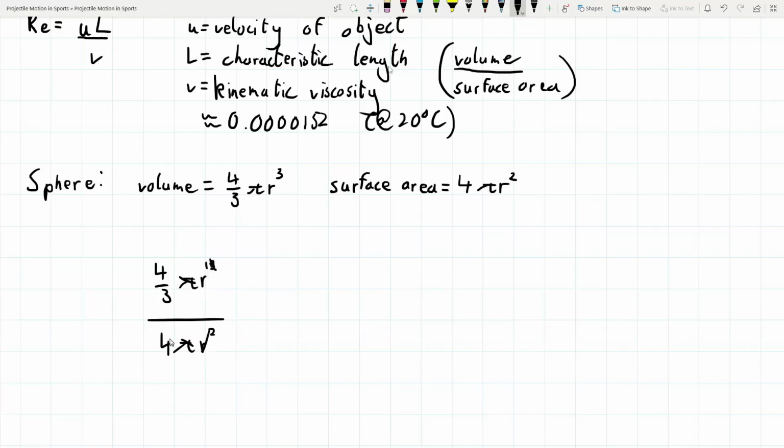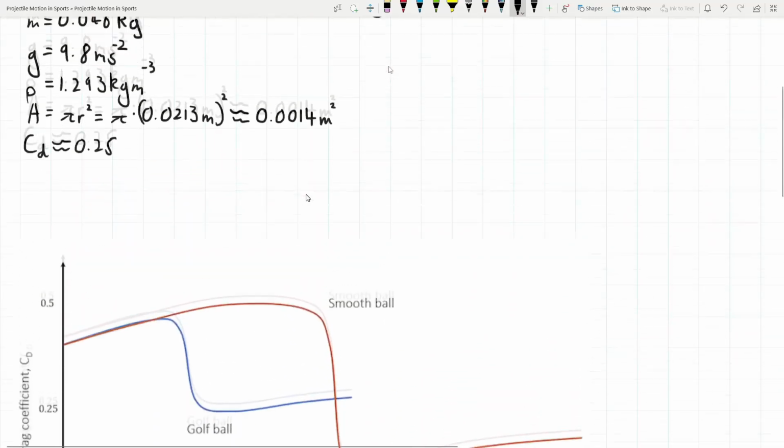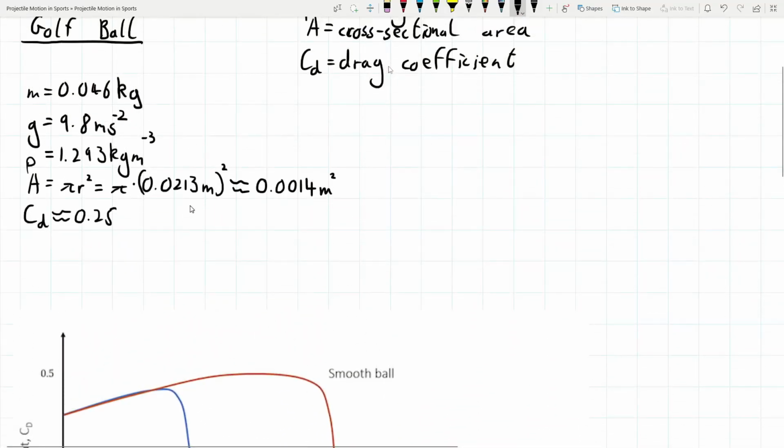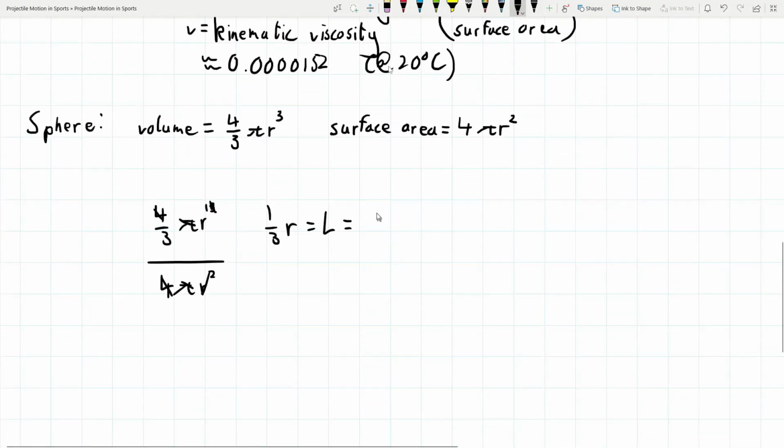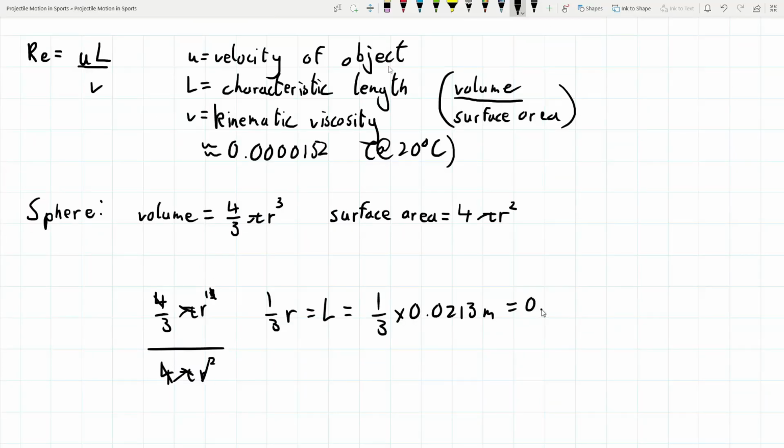And then we can also cancel the 4's, giving us a third of r is the same as L. The radius of a golf ball, we said earlier, is about 0.0213 meters. So we have a third times 0.0213 meters, and that is equal to 0.0071 meters. So we can fill that in.